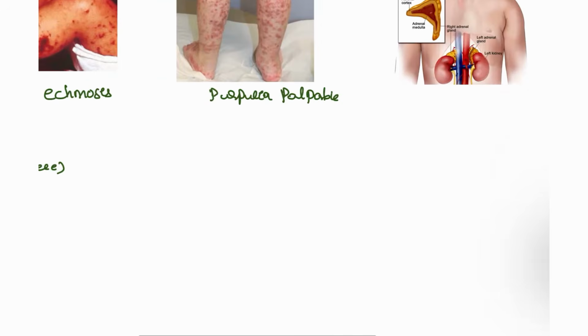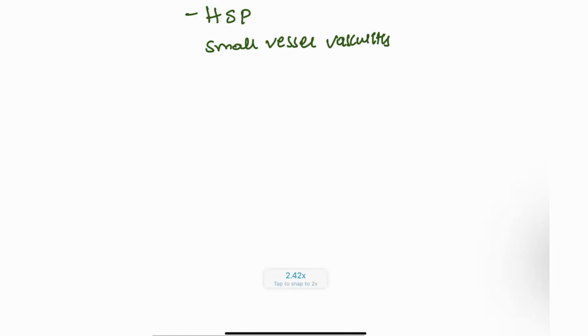Next, this is known as Henoch-Schonlein purpura, right? In Henoch-Schonlein purpura, this is known as a small vessel vasculitis condition, and usually these patients will be associated with abdominal pain, joint pain, and hematuria, right?